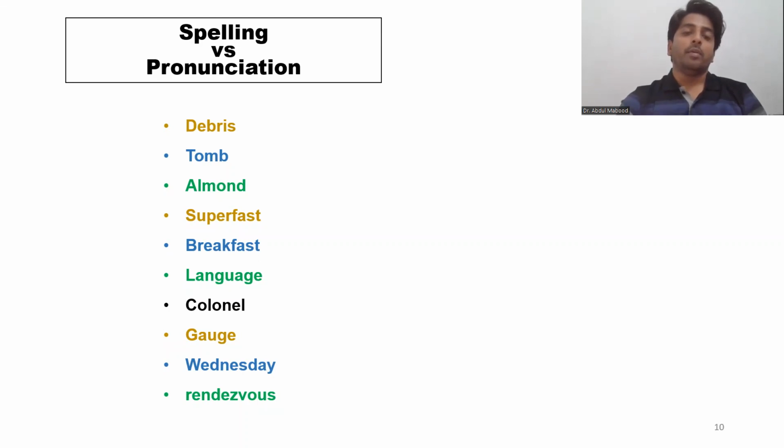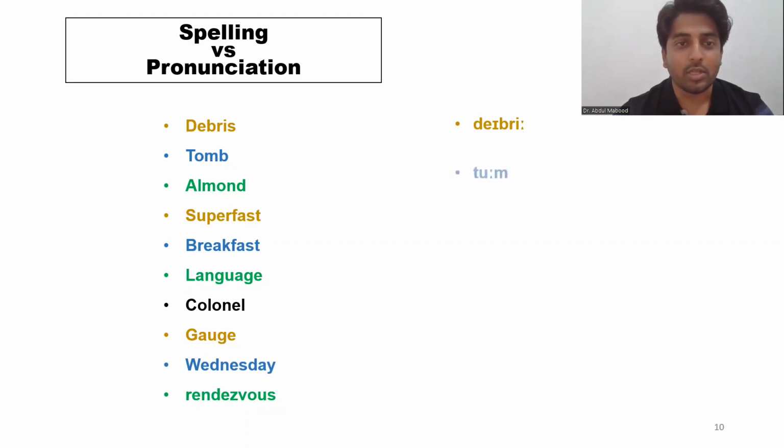Right? But I hope most of you know that all these pronunciations were incorrect. Why? Because it is not debris as spelled, but debris as said. It is not tomb as spelled, but tomb as said. It is not almond as spelled, but almond as said. Now see, super fast and breakfast.